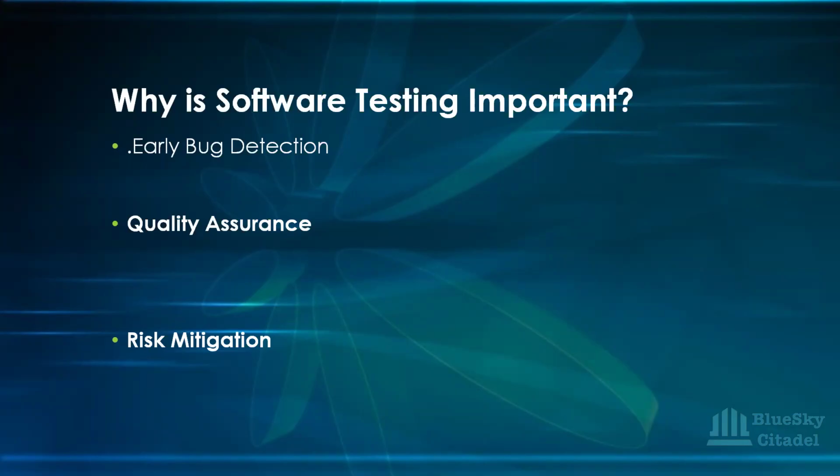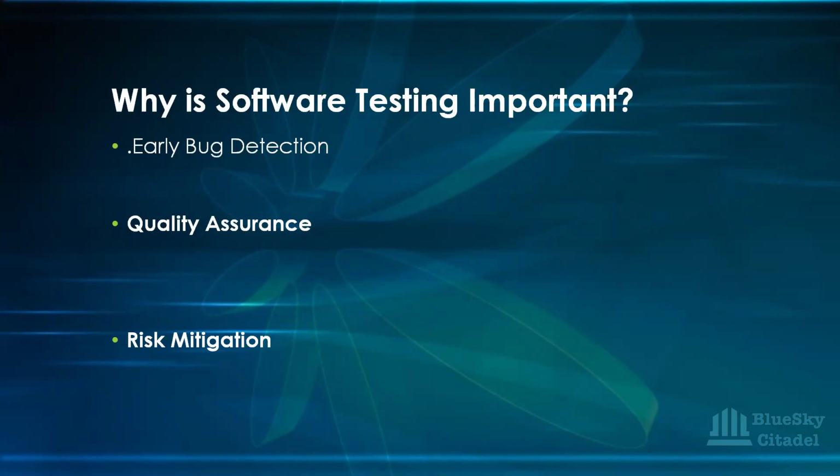So early bug detection in software development offers significant advantages, including reduced costs, because when we detect bugs early, it saves cost, improves efficiency, and it also enhances security and gives better user satisfaction.